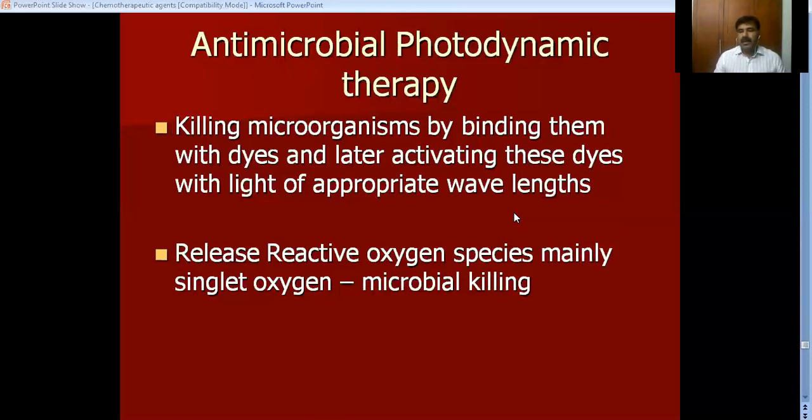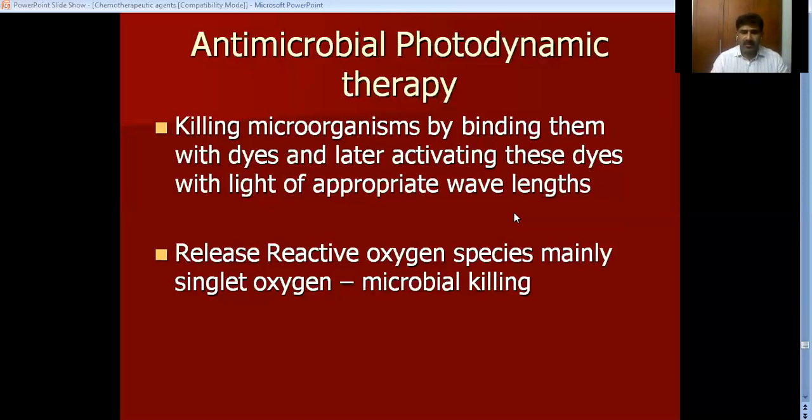Now, basically, in photodynamic therapy, if you have a periodontal pocket, you inject certain dyes into that periodontal pocket. These periodontal pathogens will absorb these dyes. Once you wait for a period of time so that these dyes are absorbed by the microorganisms, then you activate these dyes. These dyes can be activated by light of a particular wavelength.